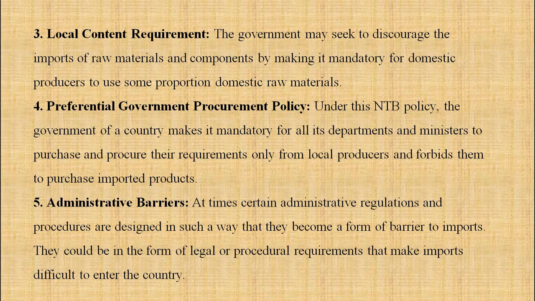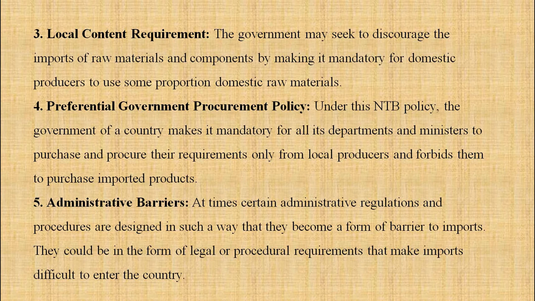Preferential government procurement policy. Under this NTB policy, the government of a country makes it mandatory for all the departments and the ministries to purchase and procure their requirements only from the local producers and forbids them to purchase imported products.